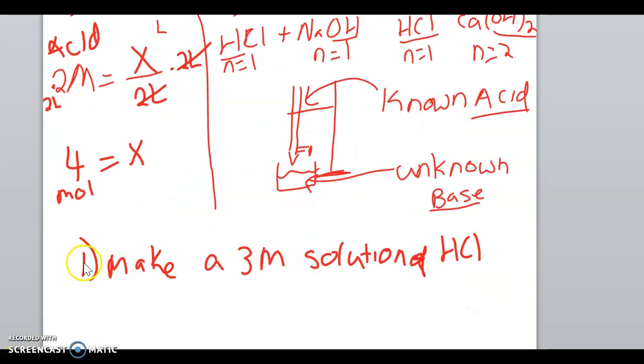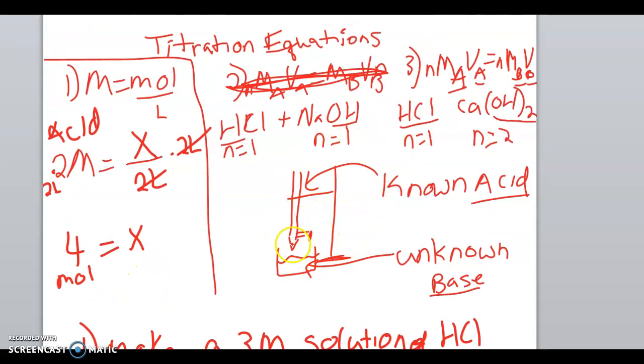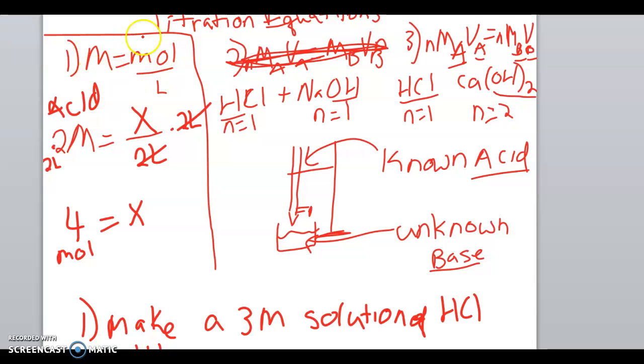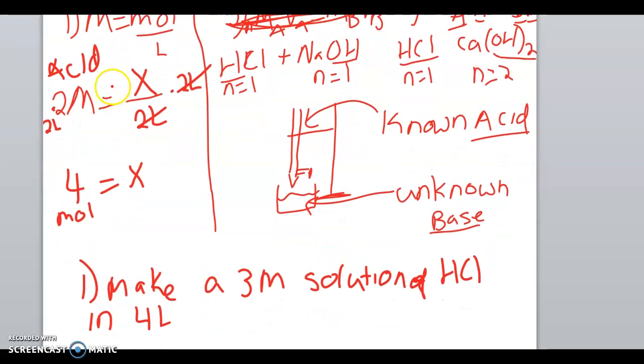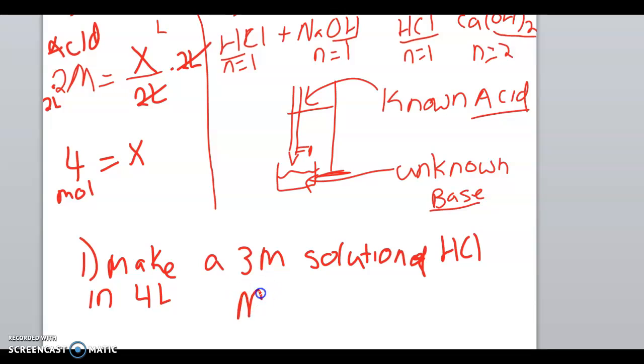So here is a problem. Make a 3 molar solution of HCl, hydrochloric acid, in 4 liters. I'm only talking about the acid, not titrating or mixing two different things, so I would use this equation. Molarity equals moles over liters.